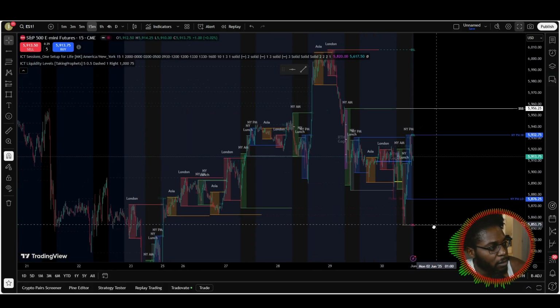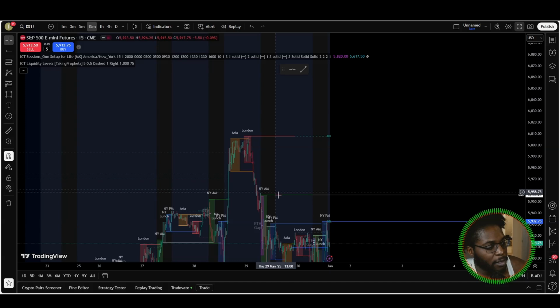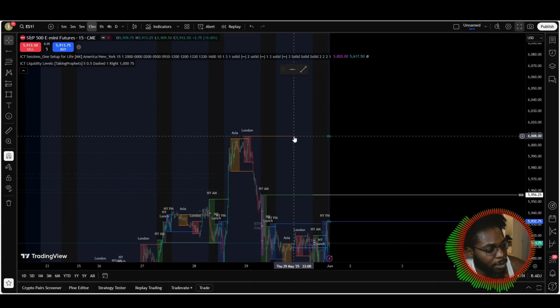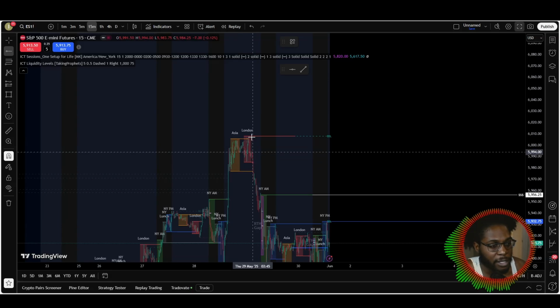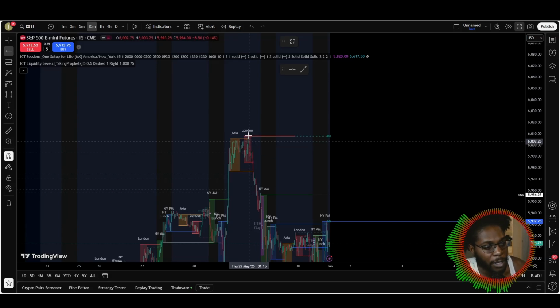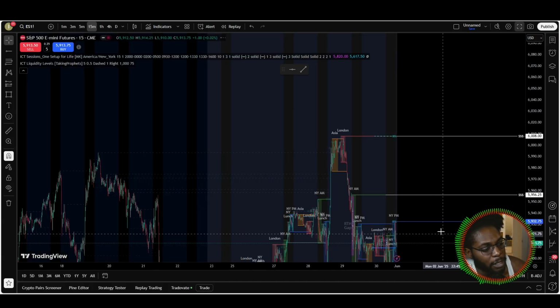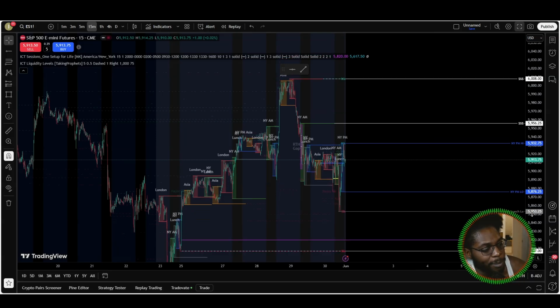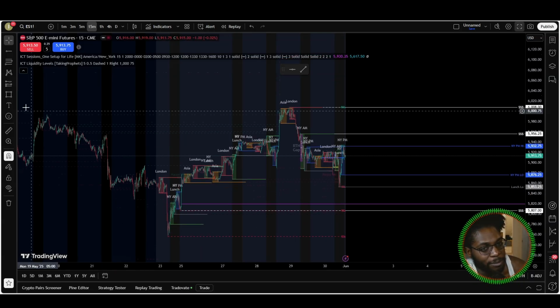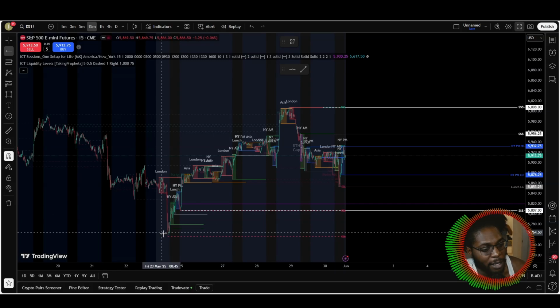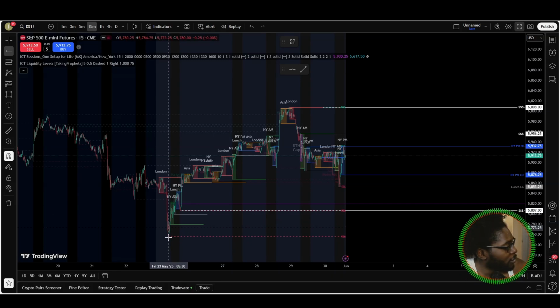All right, so as you can see, this up here was buy side liquidity, but again, that was from a previous London session. So we're gonna just do the dollar sign just to show that it's liquidity. After I do that, I'll come down here and do these lows also.